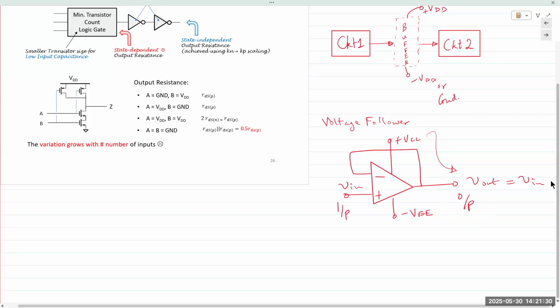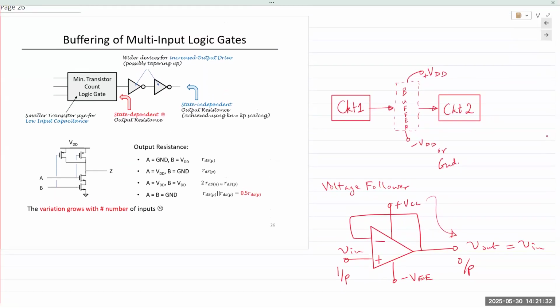So in this kind of logic circuit, let's say you have a standard 2-input NAND gate or NOR gate, or even a NOT gate. You have 2 or 4 transistors. Excuse me, I mean any kind of logic gate.